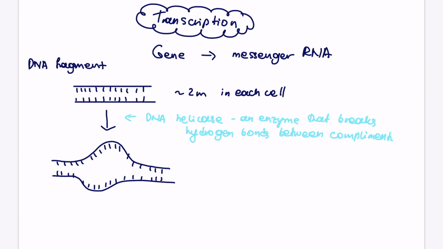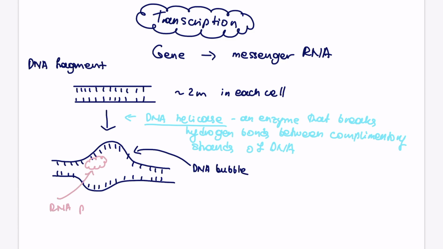But because the cell has 2 meters of DNA normally, it's really inefficient to break the hydrogen bonds across the entire 2 meters of DNA when the cell needs to only transcribe 1 gene, which might be 100 to 1,000 nucleotides. So in the case of transcription, you might see diagrams where only part of the DNA is opened up, and we refer to it as a DNA bubble.